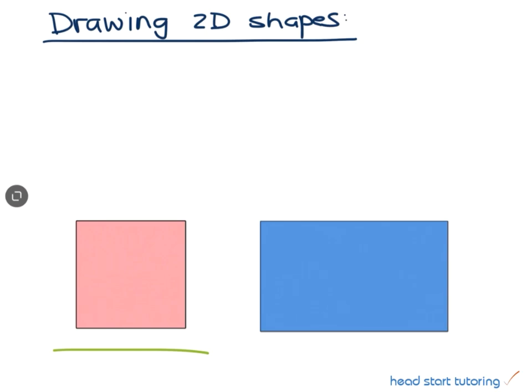So if I know that this is what a square looks like, I need to try and make my sides equal to each other, because we know the properties of a square, and the properties of squares are that all the sides are equal.